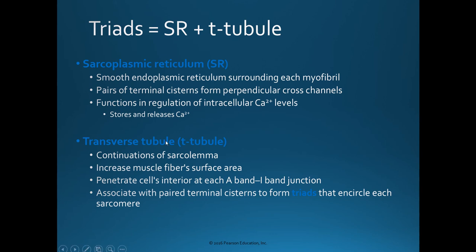It's really complicated and complex, covers the whole muscle cell, and it interacts with these transverse tubules, or T-tubules, which are basically indentations of the sarcolemma membrane that really delve into the sarcomere structure and pair with what we call these terminal cisterns. The word cistern just means well, to form a triad. And this is where the calcium gets out of the sarcoplasmic reticulum and into the muscle cell, so it can actually do its job.